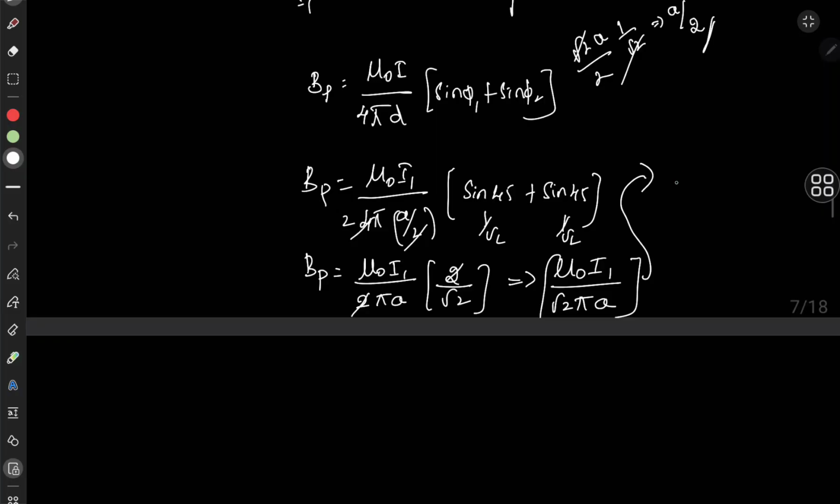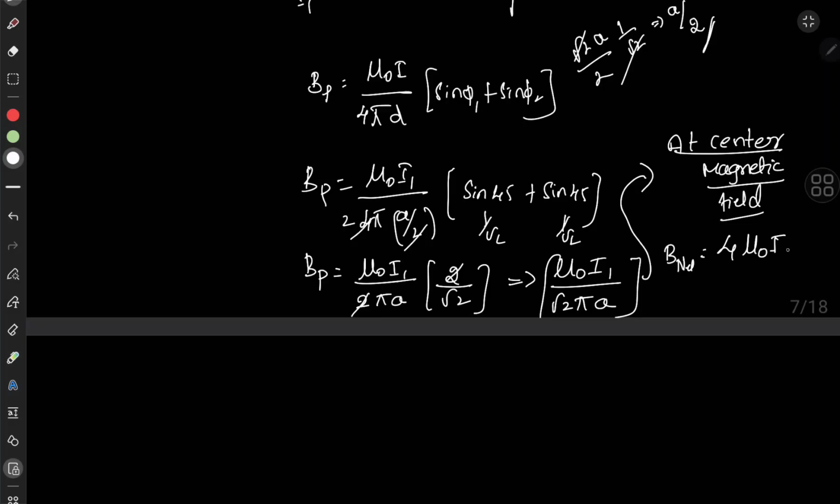That means at the center the net magnetic field is given by 4 into mu naught I1 divided by root 2 pi a. This is going to be the magnetic field at the center.